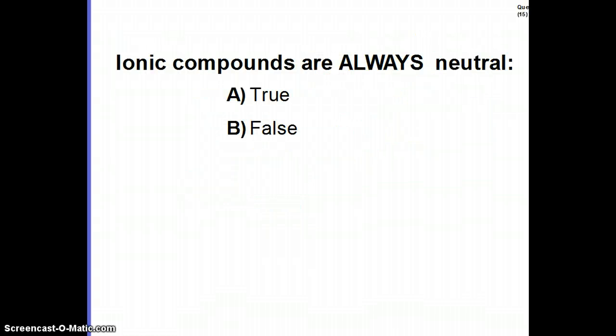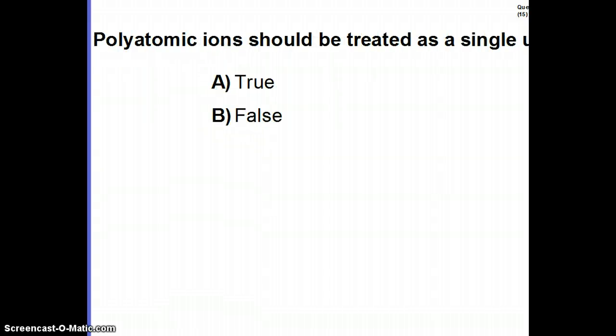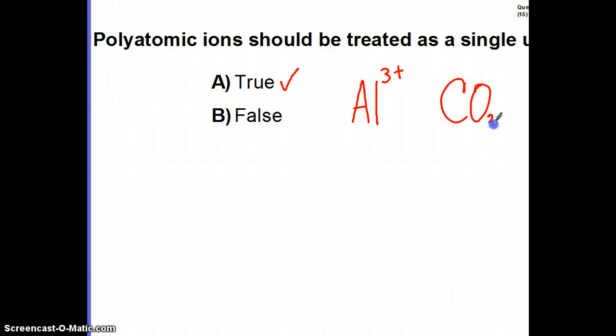Ionic compounds are always neutral. True. That's the whole reason why we have to do crisscrossing to get their formula. Cation should be written on the right. That is false. The cation always goes on the left. Polyatomic should be treated as a single unit. That is true. For example, when you're doing aluminum and carbonate, when you crisscross, you don't change these numbers.